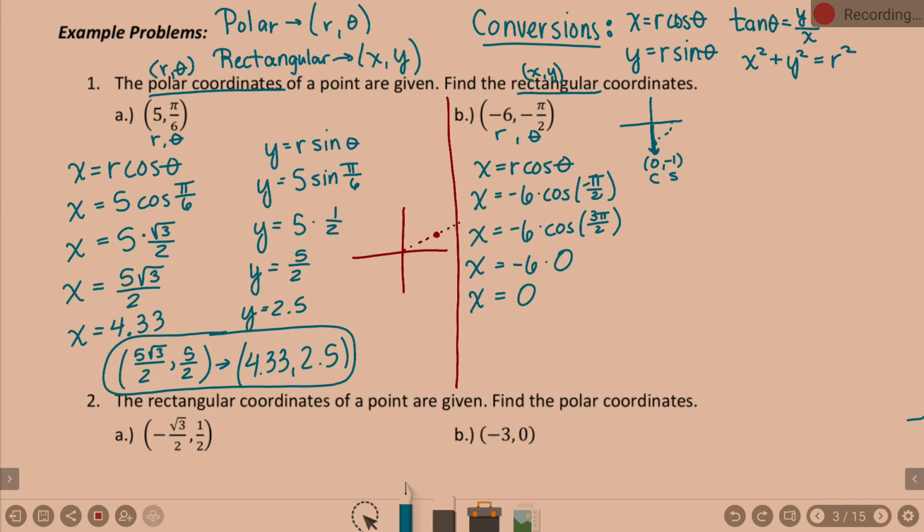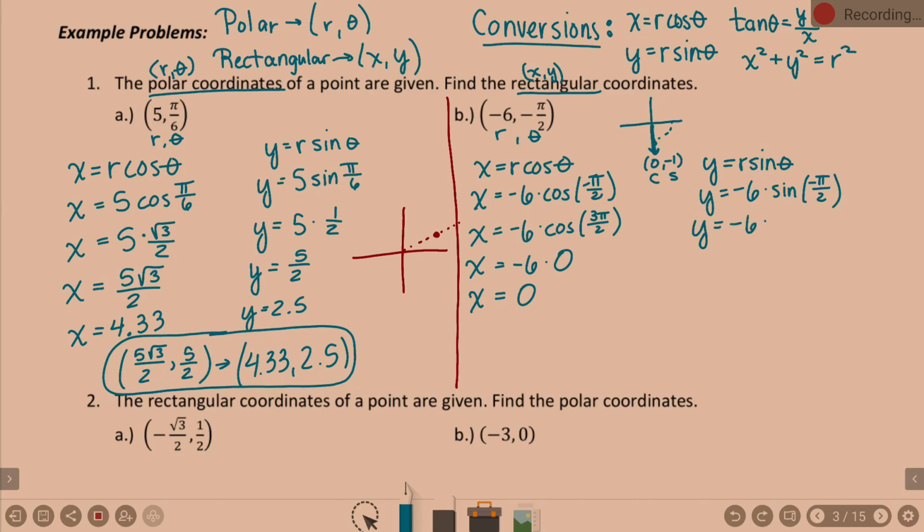What about our y value? y equals r times sine of theta. So negative 6 times sine of negative pi over 2, which, if you prefer, same thing, right?